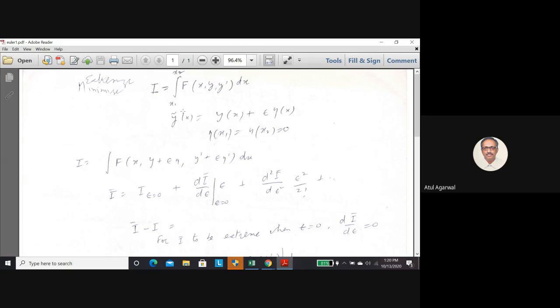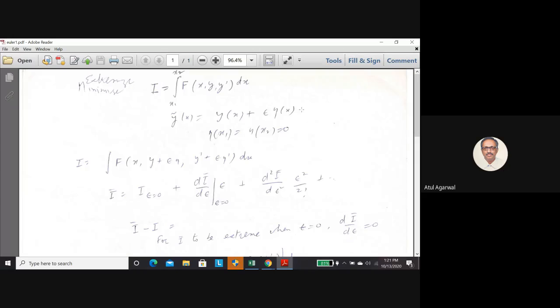So these are kind of perturbation solutions, perturbed solutions, different from actual solutions. These solutions differ from the actual solution by this function eta, and this epsilon is a small parameter multiplying this eta.